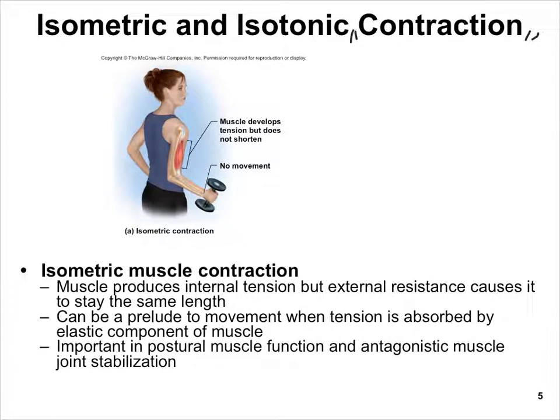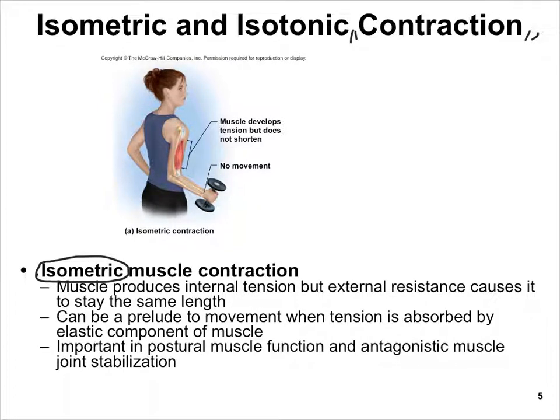So we have words for different types of contraction based on how things are or aren't moving. And our first is isometric contraction. This is where you're straining against something, you're producing tension, but you are not actually shortening the muscle, right?